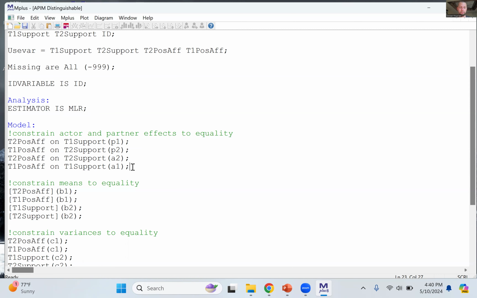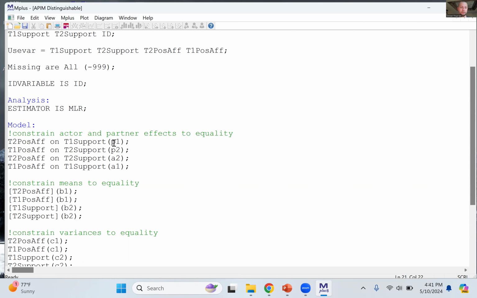The independent variable for one dyad member predicts the outcome for that same dyad member, and that's the actor effect. And then we also are testing whether the level of dyad member one's independent variable accounts for variation in dyad member two's dependent variable. And that's what we call a partner effect.